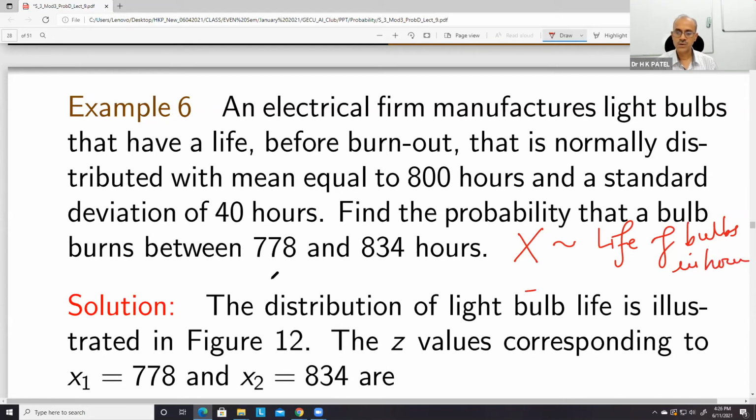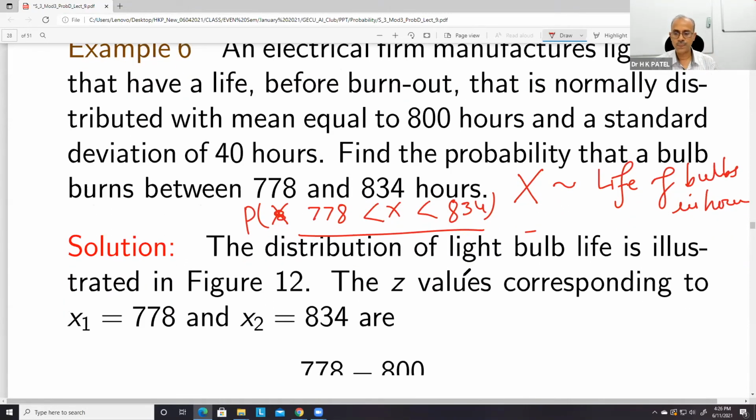Our job is to find P(778 < X < 834). You just find the Z values corresponding to 778 and 834.